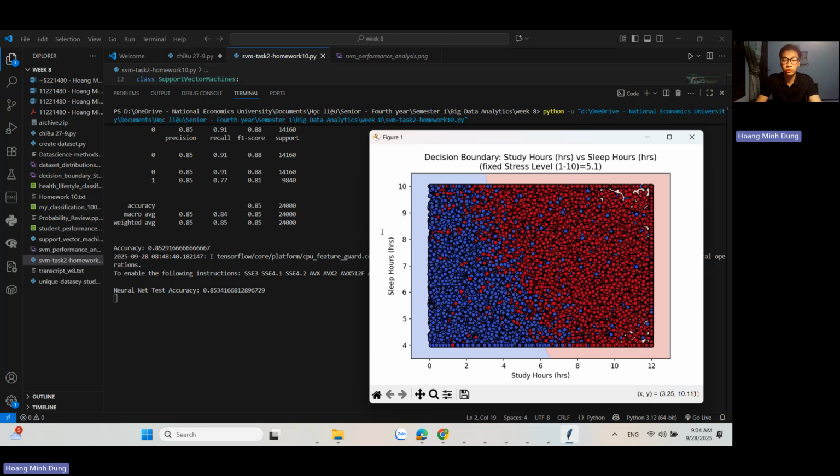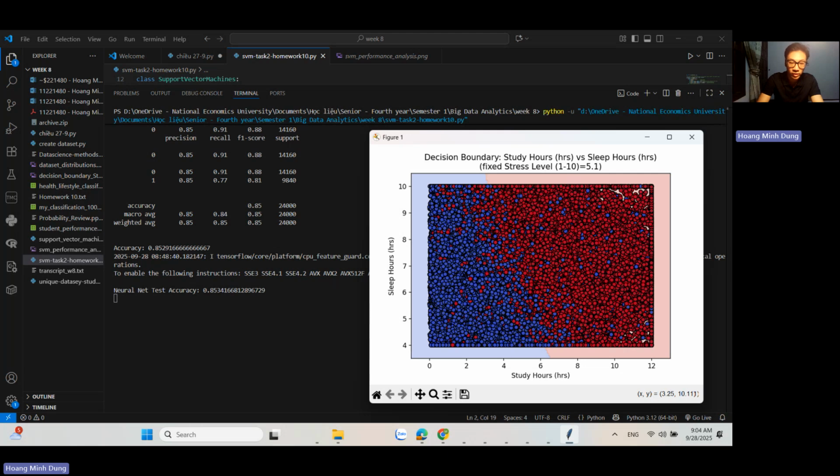To create this 2D view, the stress level feature was held constant at a fixed average value of 5.1. The boundary line separating the red and blue regions shows where the model switches its prediction from low to high performance based on just these two features.